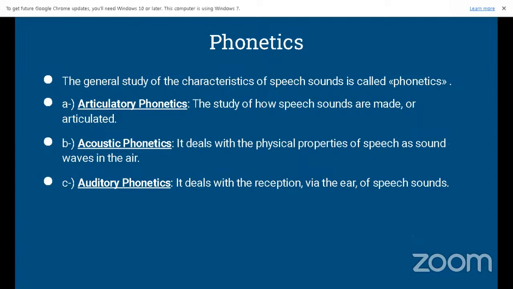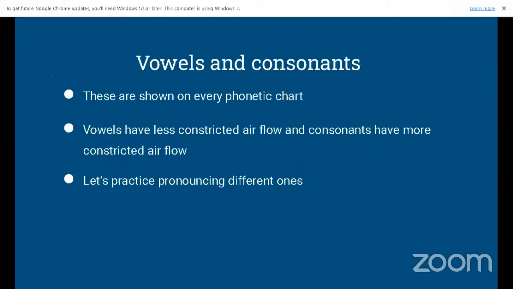Whereas acoustics deals with the physical properties of speech as sound waves in the air. Then auditory phonetics deals with the reception via the ear of speech sounds. These two we are not going to touch, acoustics and auditory. We are going only with articulatory phonetics.